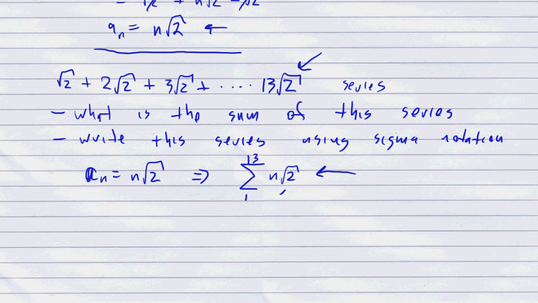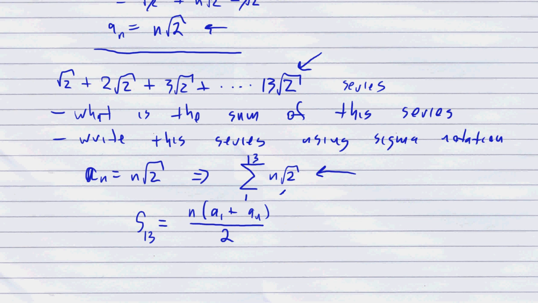Since it's an arithmetic series, we can use the arithmetic series sum formula, which, for the first 13 terms, is n times a sub 1 plus a sub n, divided by 2.